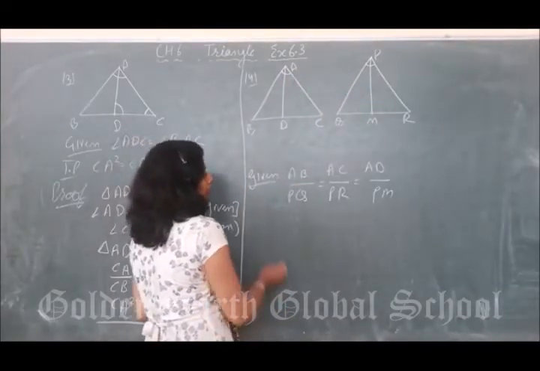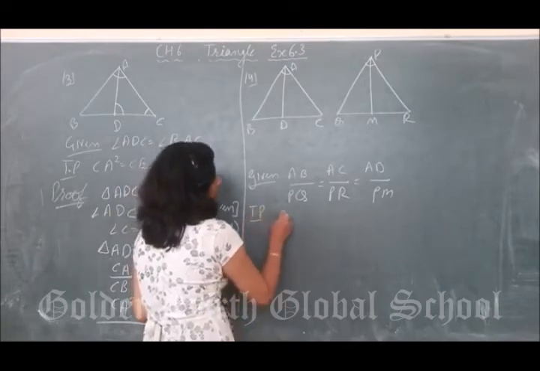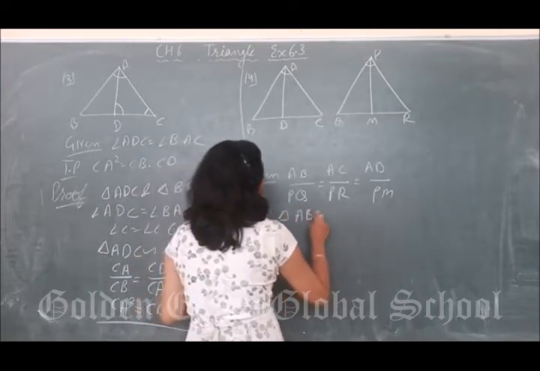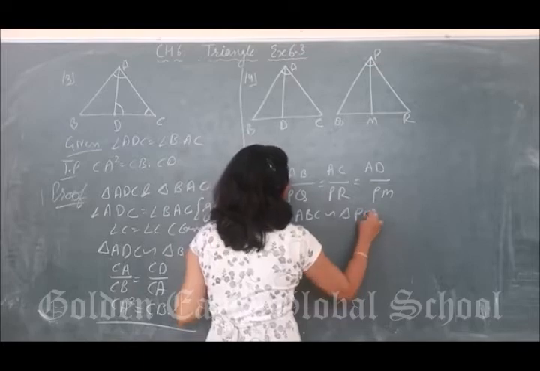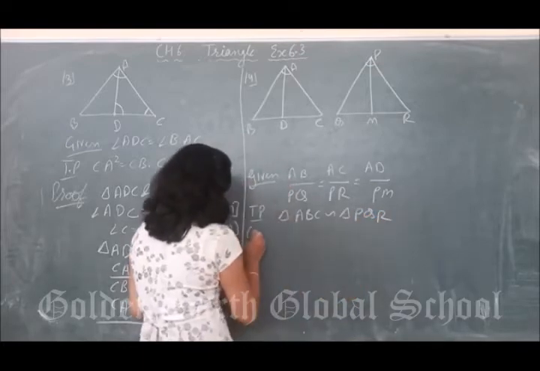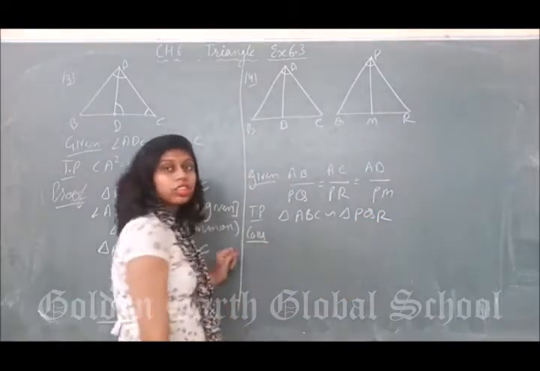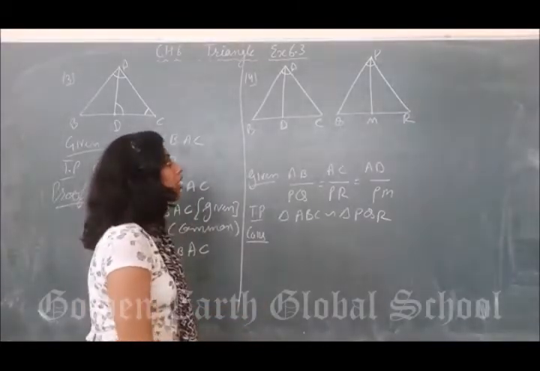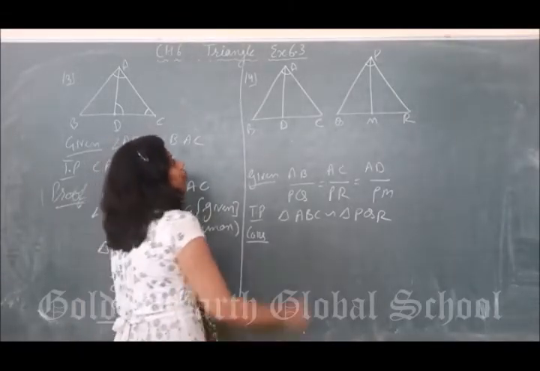For this, you have to do a construction. First we write down the proof, to prove. Then write down the construction. Which construction will we do?